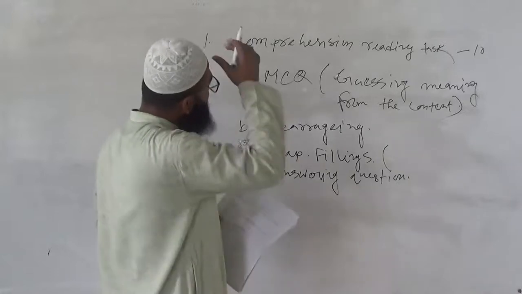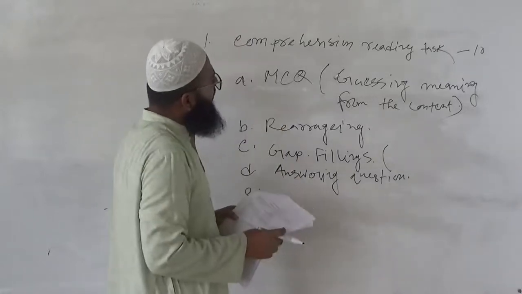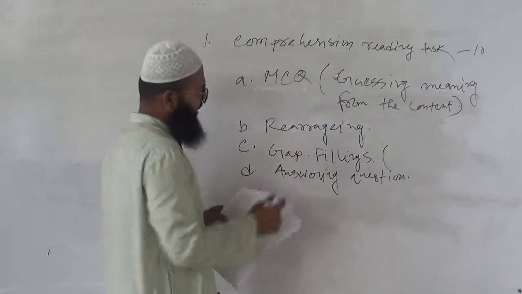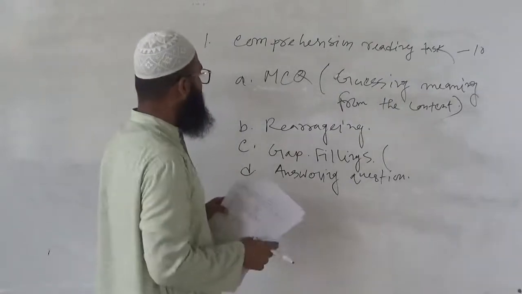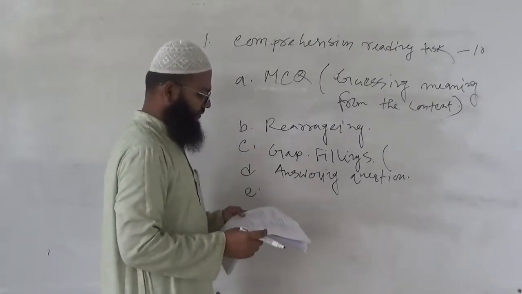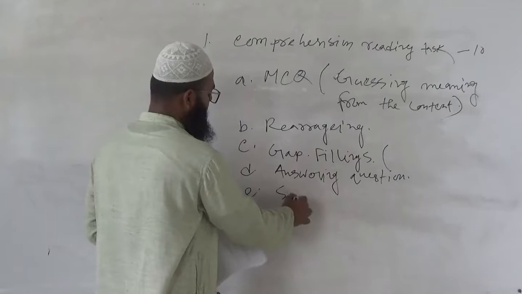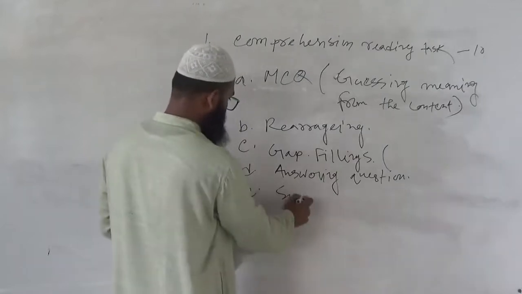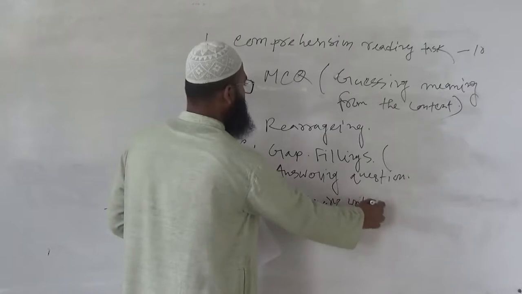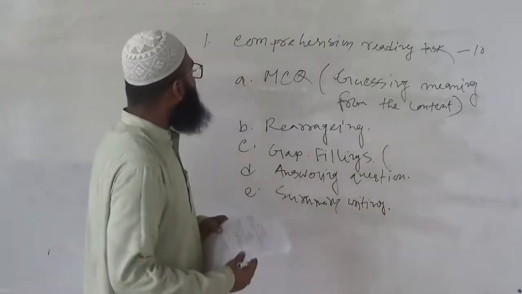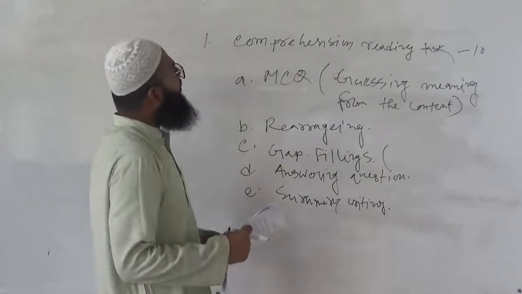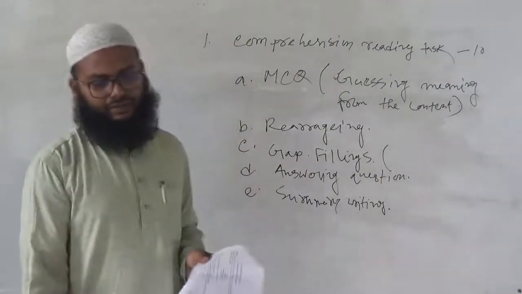You have to make the summary of the comprehension in 5 or 3 sentences. It can be indicated in the question paper in how many sentences you have to make the summary. Okay, that is summary writing. These are the 5 items that can be questions for your comprehension reading test, only 10 marks.